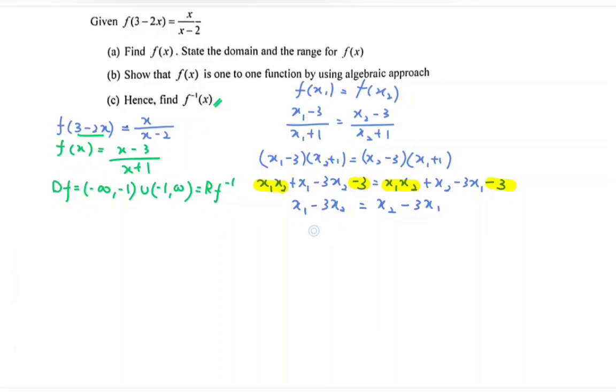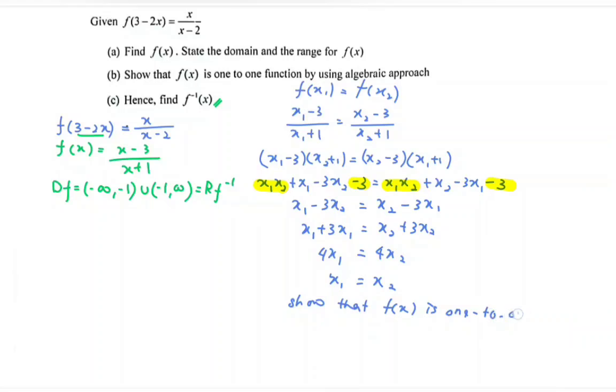So in here we will have x1 plus 3x1 equals x2 plus 3x2. So 4x1 equals 4x2. So x1 equals x2. Shows that f(x) is a one-to-one function.